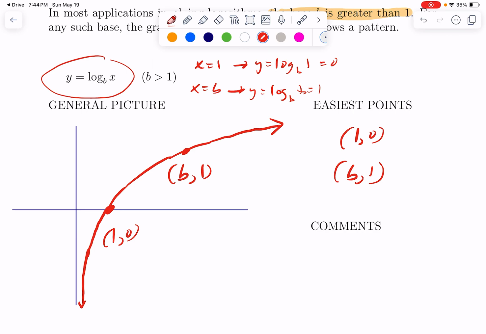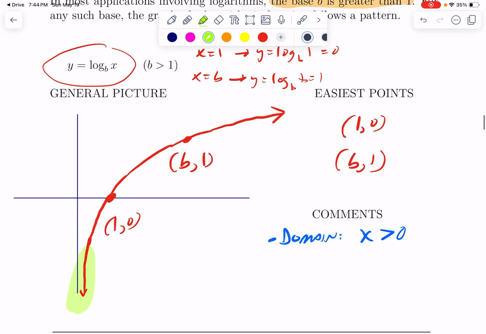And just to comment on this graph, a couple things we might know. The domain is x greater than 0. There are no places on this graph where x is equal to 0. There are no places on this graph where x is negative. Right around here, we have what's called a vertical asymptote.